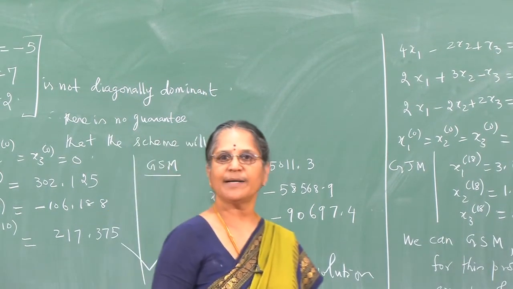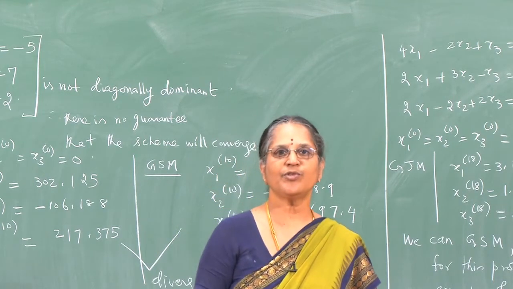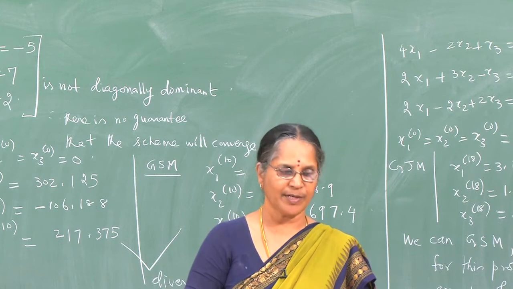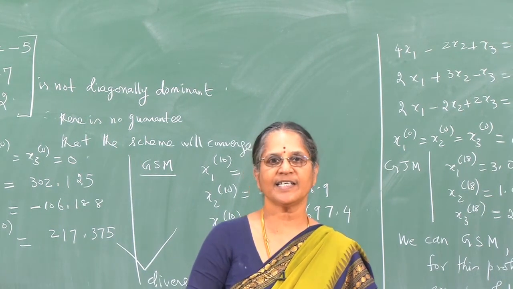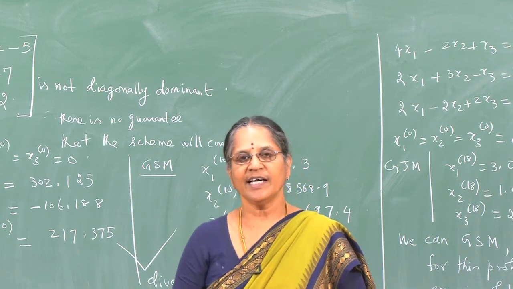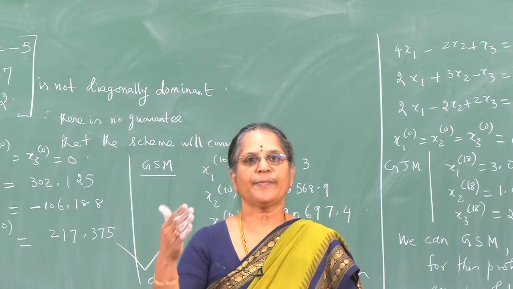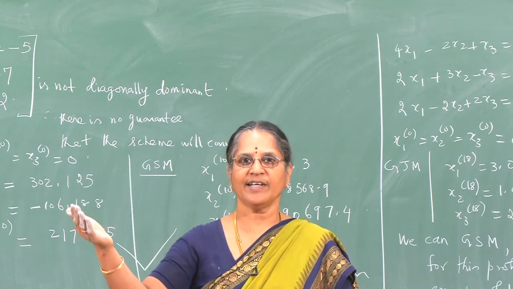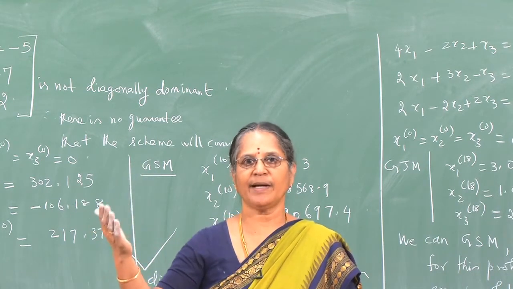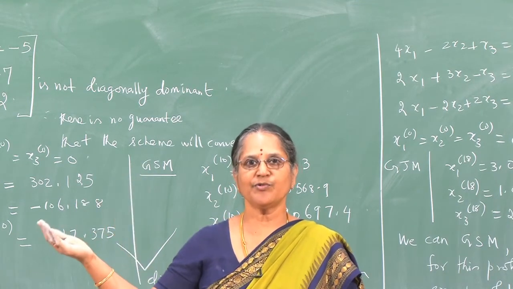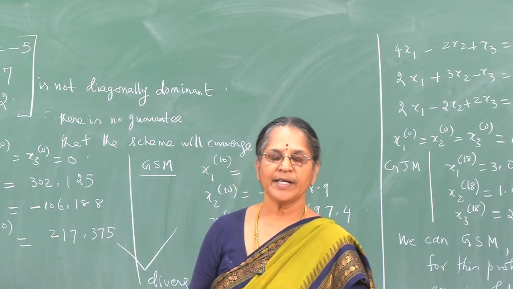So, let us quickly summarize what we have done in this section on solution of algebraic system of equations. We said that using elementary operations, we can convert a given matrix A to an upper triangular matrix, and when we convert it into an upper triangular matrix, then back substitution method will enable us to solve the system immediately.